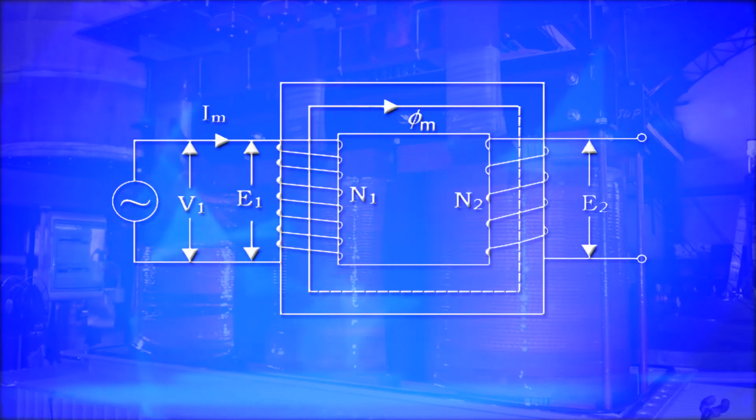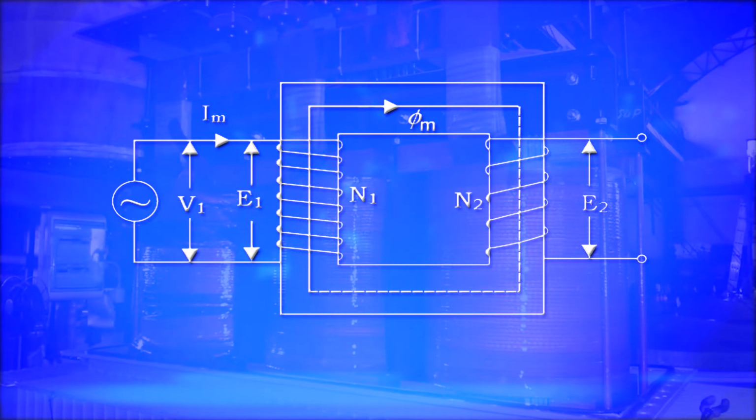So you can see in the diagram that we are applying voltage V1 at the primary side of the winding, and we are assuming that the resistance of the winding is 0, or you can say we are neglecting it. That means whatever voltage you are supplying through the supply, due to this one current will flow. That current is Im, which will be useful for the magnetizing of the core.